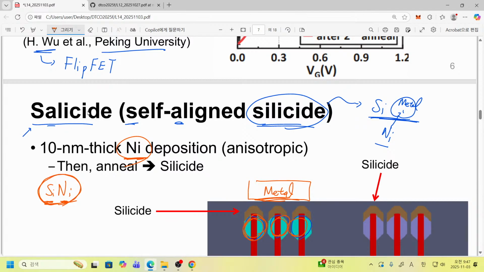The point is, we have a means to make a selectivity between pure nickel and nickel silicide. Now we have two materials. If nickel is attached on top of a dielectric, it does not react. But if it is attached on top of silicon, it becomes nickel silicide. After that, we can selectively remove only the nickel, and the nickel silicide remains on top of the silicon.